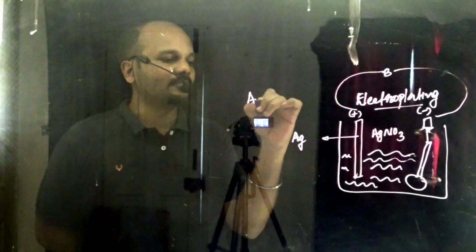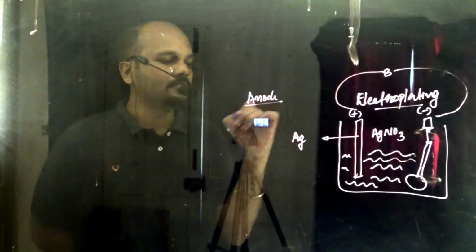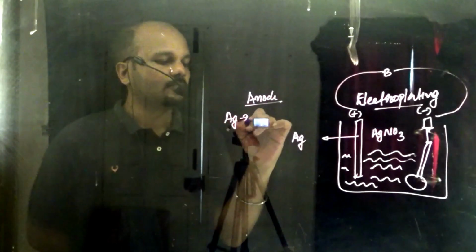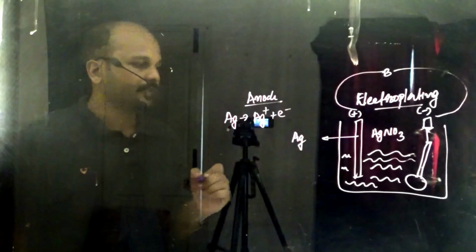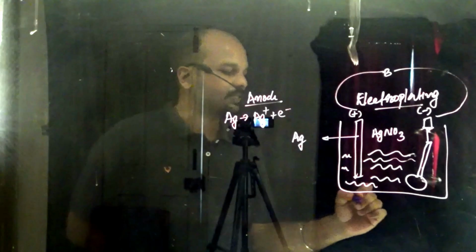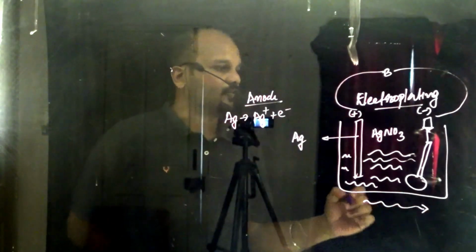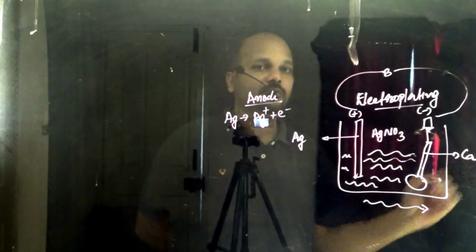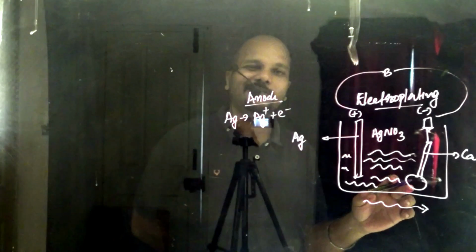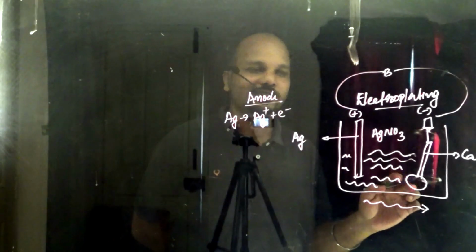See, in the anode, Ag goes to Ag plus plus electrons. And this Ag plus will go to the cathode. So this is the cathode. It is actually a spoon, which is in fact made of steel.